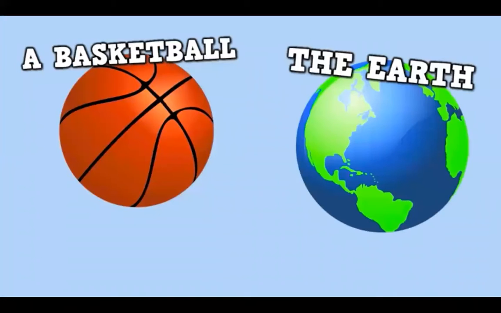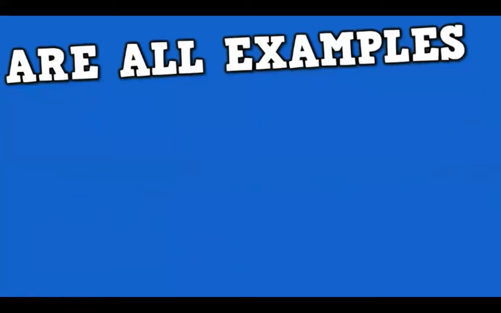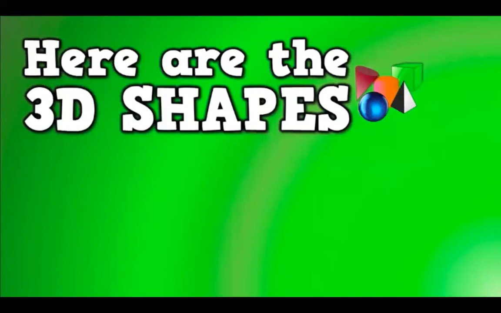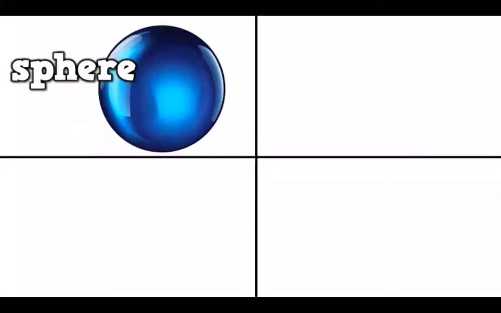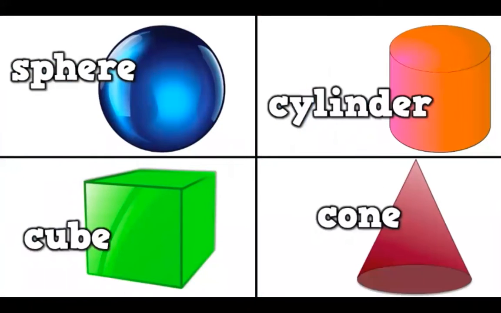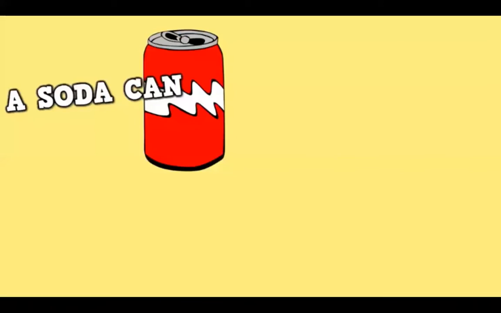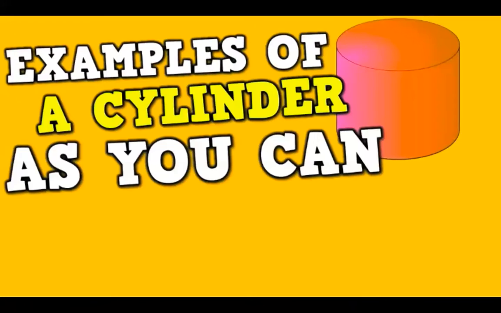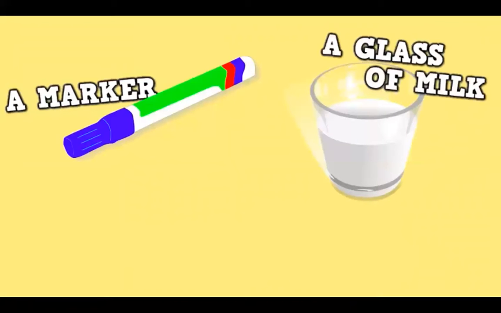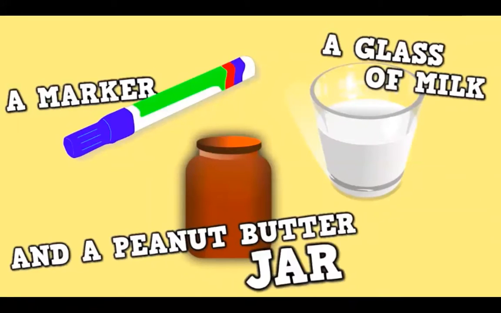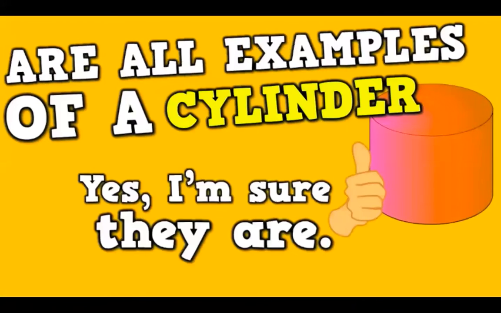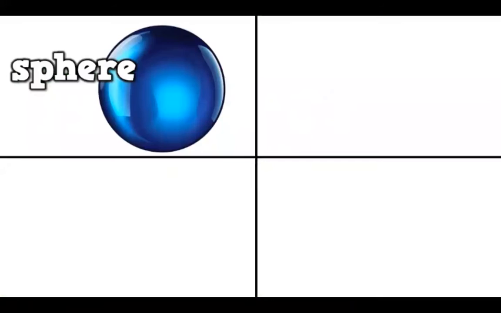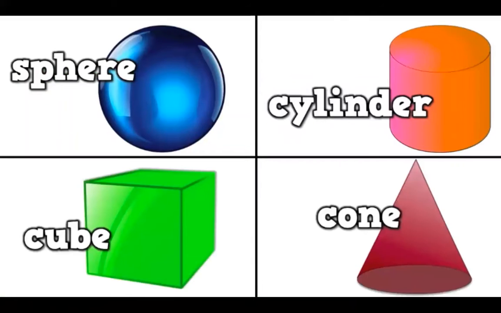A soda can, a pencil, and a can of soup would be examples of a cylinder.